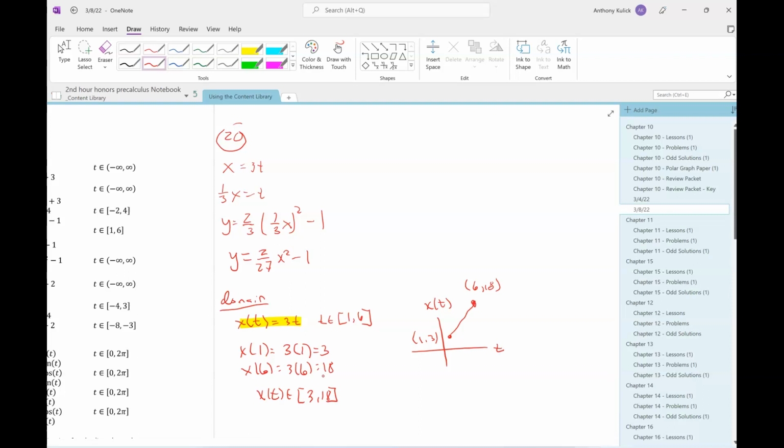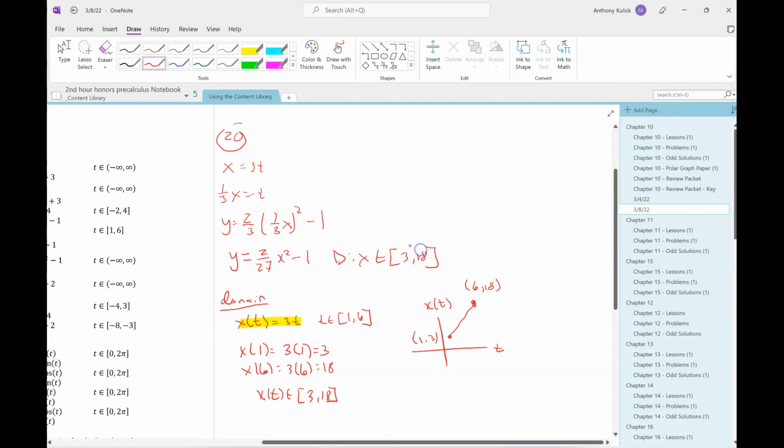Everybody's okay with that? I sketched a little picture there to justify it. So all that tells me then is the domain for my Cartesian function is also 3 to 18.